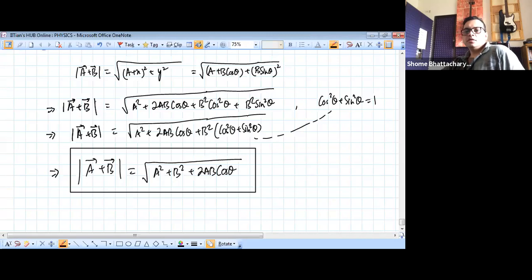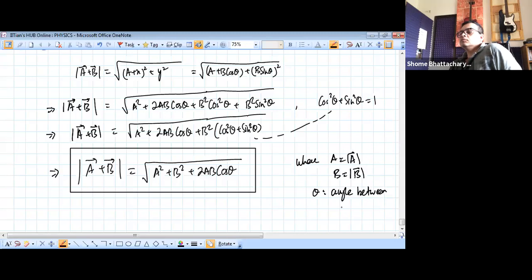Yes, it will work for any range of theta between 0 and 180 degrees, because it's the angle between two arrows.